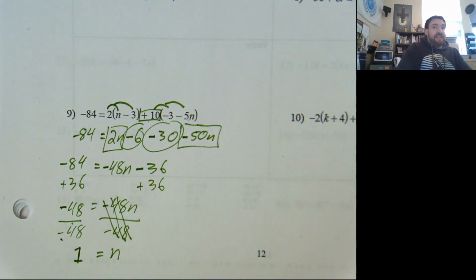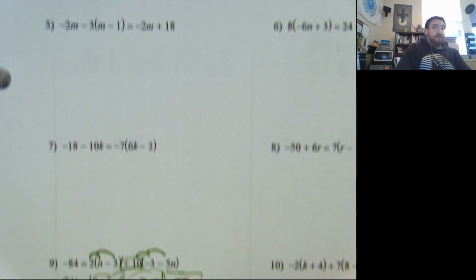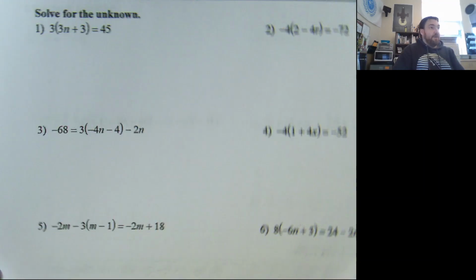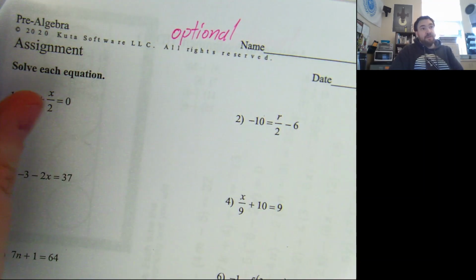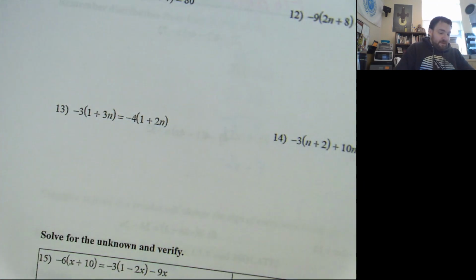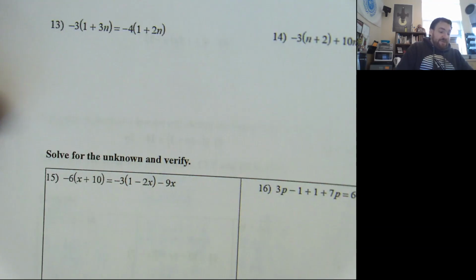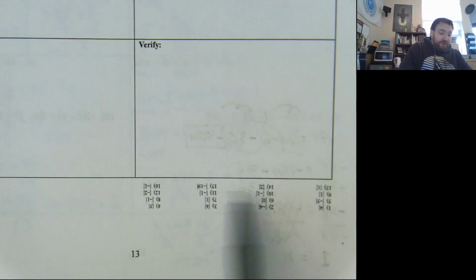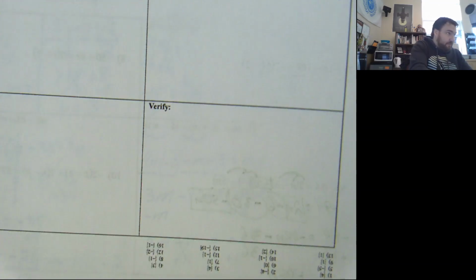Anybody else? 1 to 16 odds. Is there anything anyone here would like me to go over? Which one? No? Okay. Then there was 11, 13, and 15. We had some answers down here that you could check while you were going. Okay.